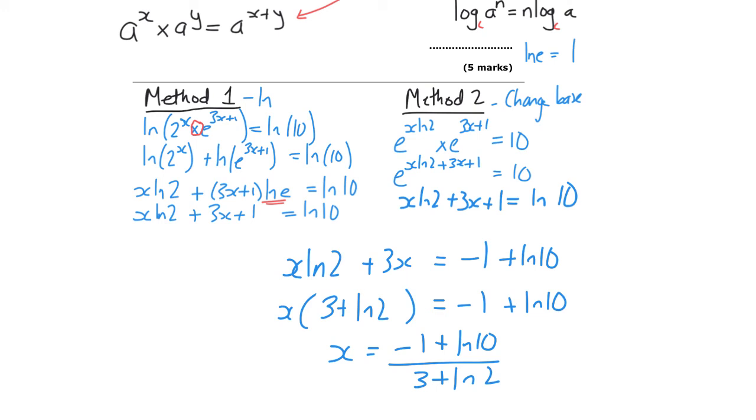So now talking through where the marks come from. Okay, so obviously there's different ways of doing this. So by taking ln's and splitting it up into an add gets you a first mark. By bringing the powers to the front gets you a second mark.